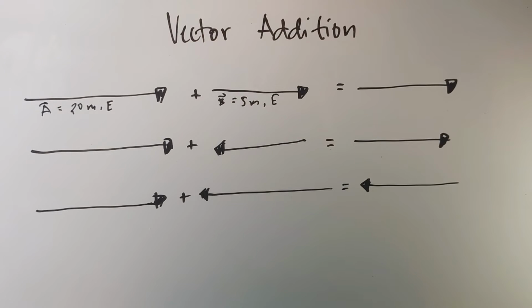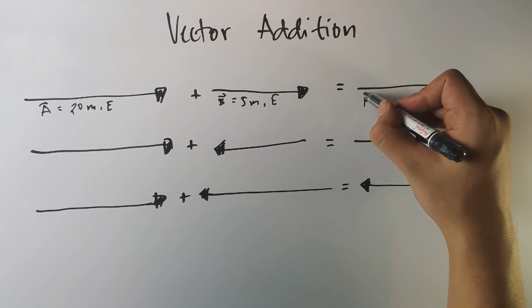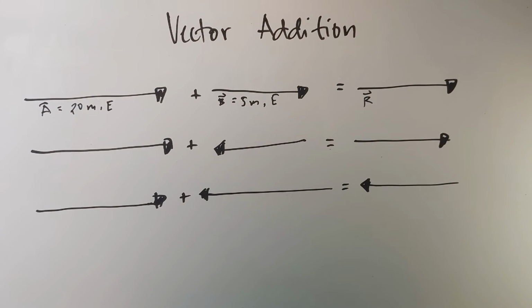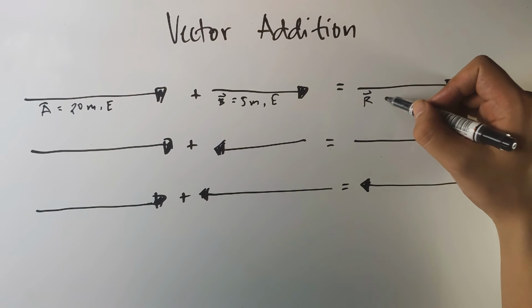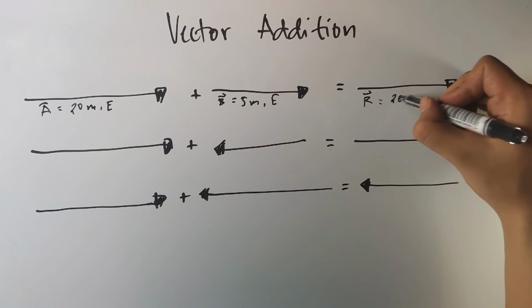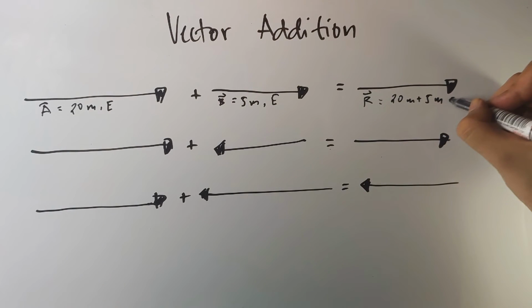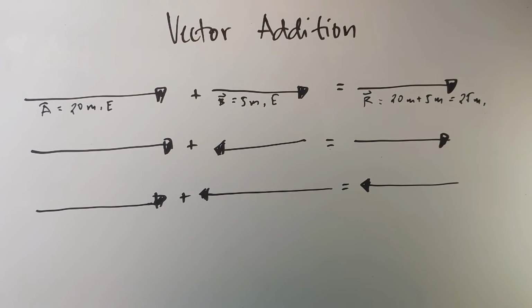When adding, we term the total as the resultant vector, which is represented by R with an arrow on top of it. If it's going in the same direction, you just add them. So 20 meters plus 5 meters is equal to 25 meters. And the direction is still going to the east, correct?